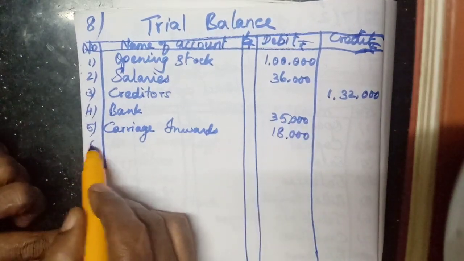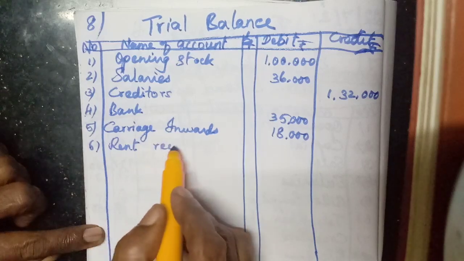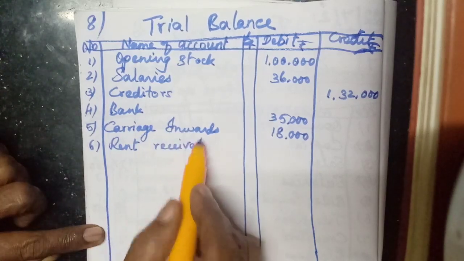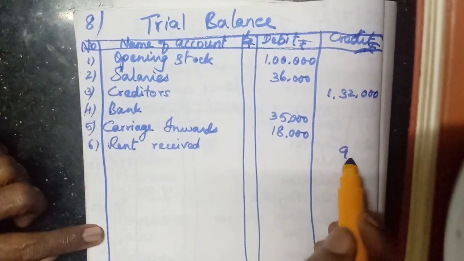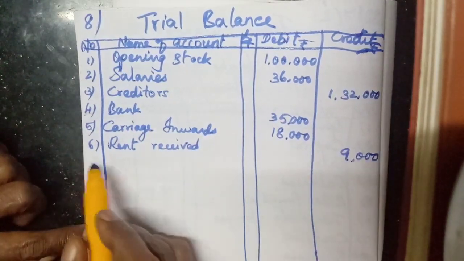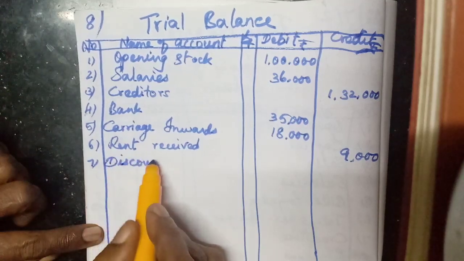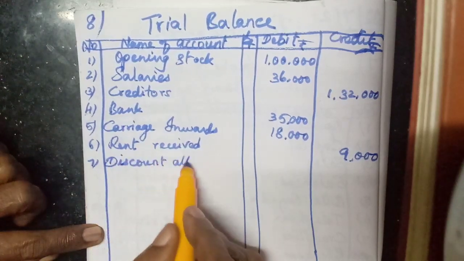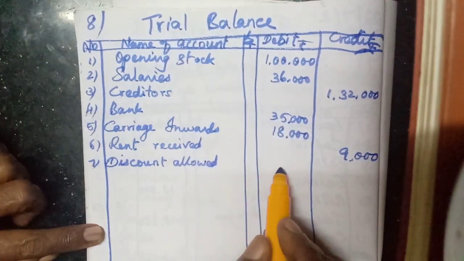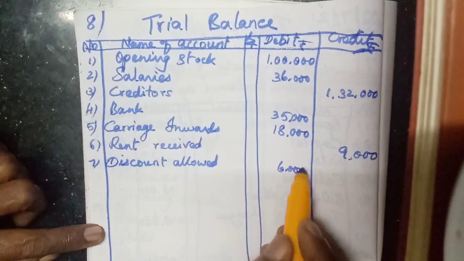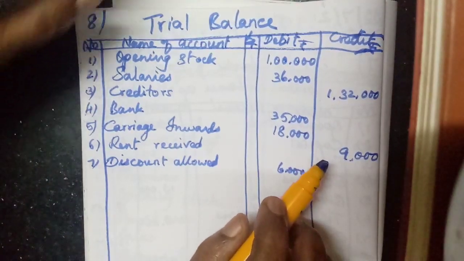Rent received. Rent received is what? Income. So we should credit 9,000. Discount allowed. It is an expense or loss. Debit 6,000. Purchases.